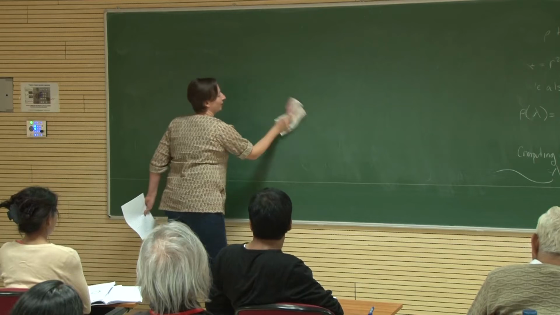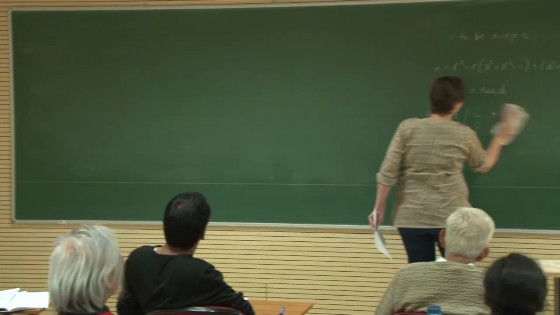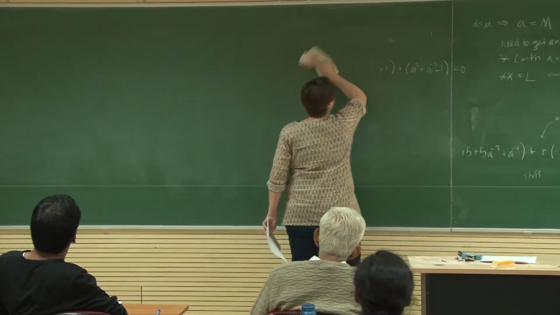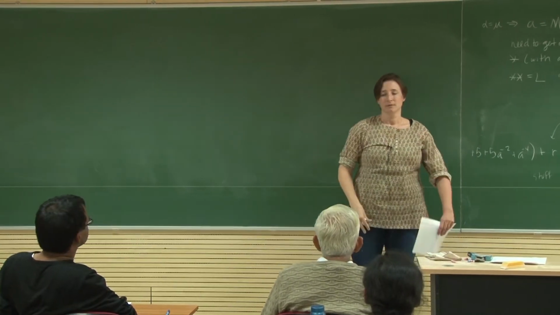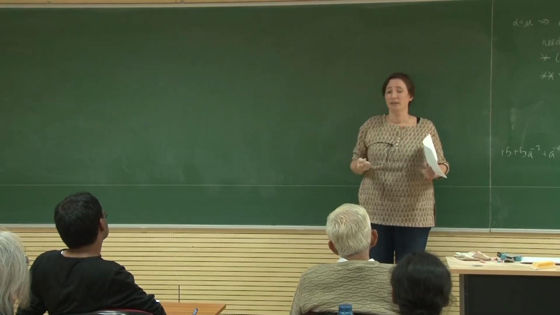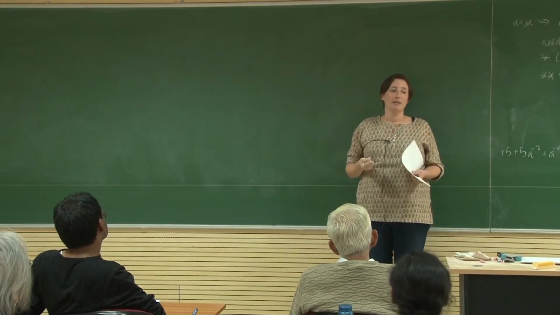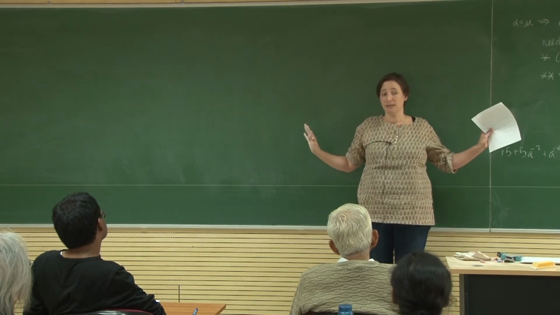So the AJ conjecture at the very basic level says that the A polynomial and the colored Jones polynomial are intimately related. But the colored Jones polynomial and the A polynomial are two very different beasts, right?